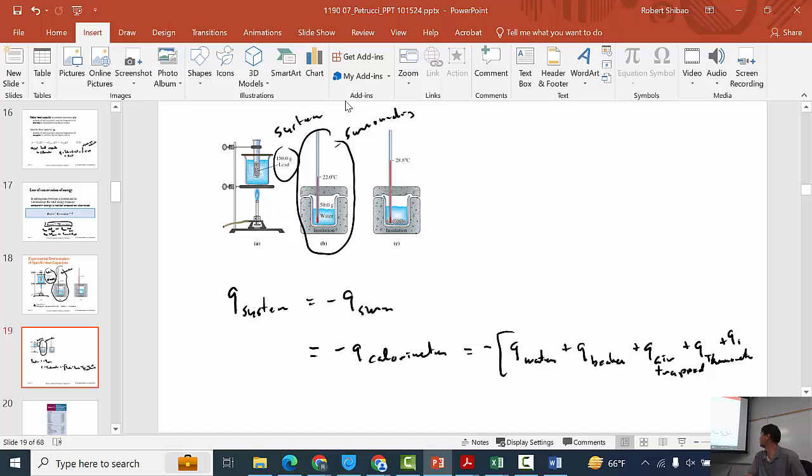The insulation shouldn't absorb much energy. I mean, that's why it's insulation. But it could absorb a small amount of energy. Plus, do you see it's not really well sealed? So some heat can leak out of here. And so I'm going to add one more thing here: plus Q of the rest of the universe. We don't know what's out here. If we knew what's out here, then we could list it. But instead, I'm just going to call it the rest of the universe.